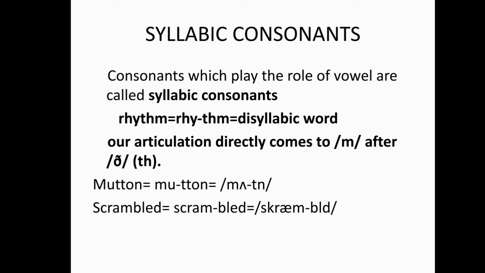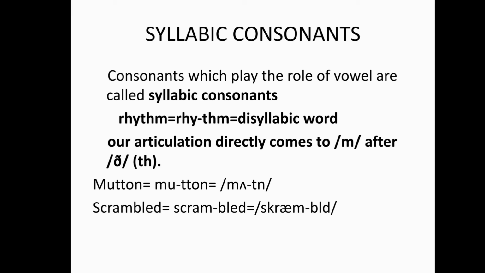For example, the word rhythm. Rhythm can be syllabified as rhi and thm. In the second syllable, our articulation directly comes to m after the th, and no vowel sound is here.